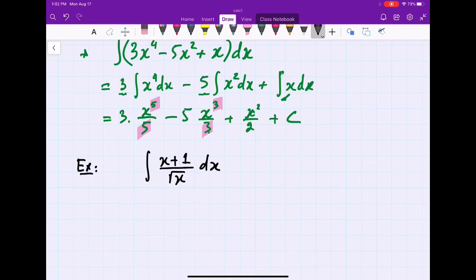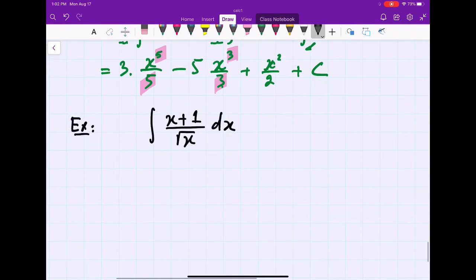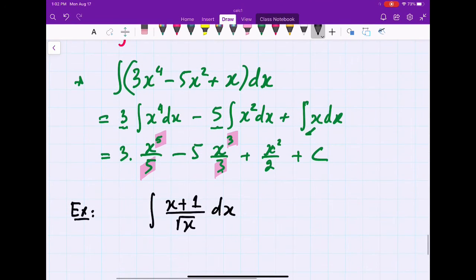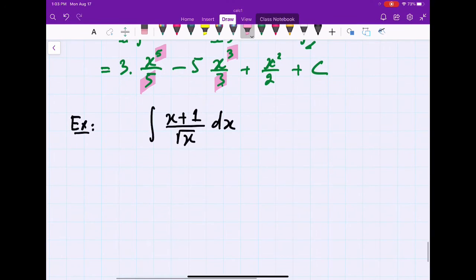Now let's consider this integral: x plus 1 divided by the square root of x. We know how to integrate power functions like this, but this is a fractional function, also called a rational function, right? Some polynomial divided by another polynomial. So how do we deal with this?